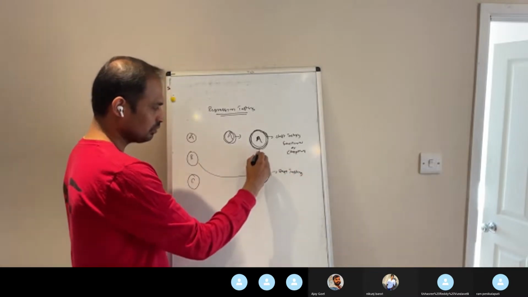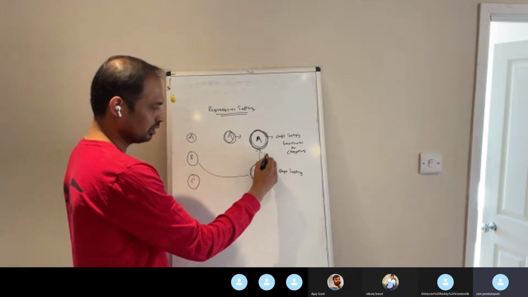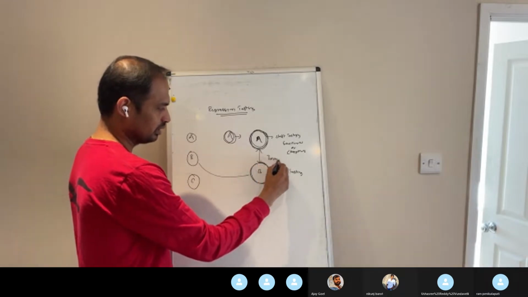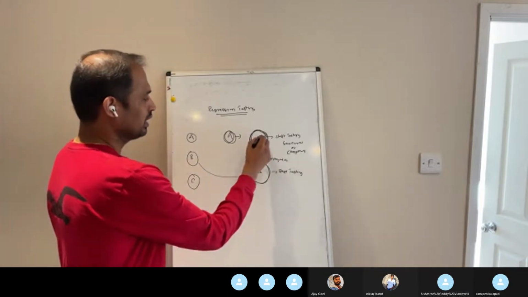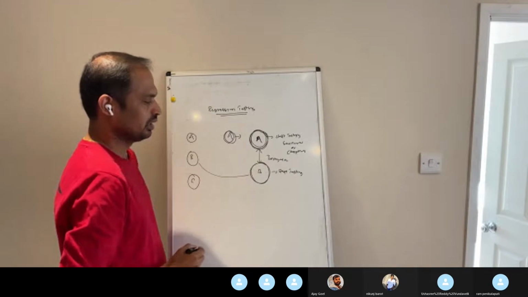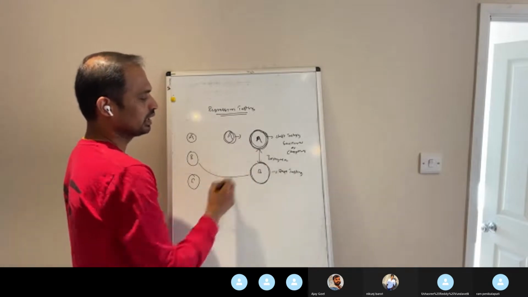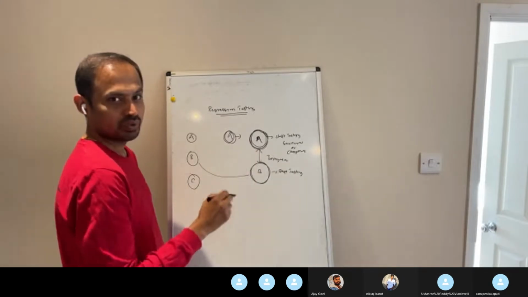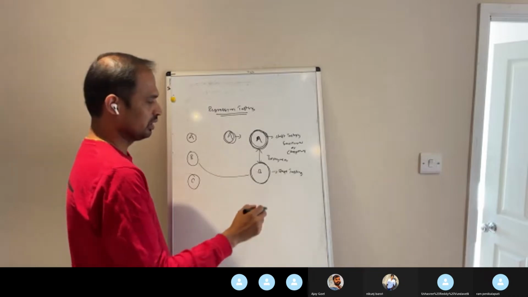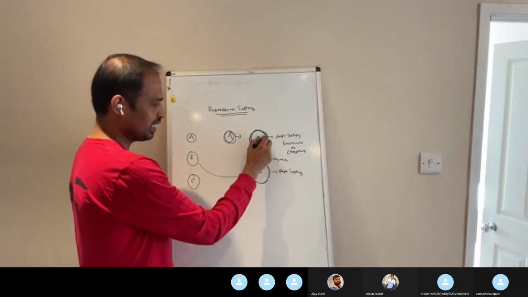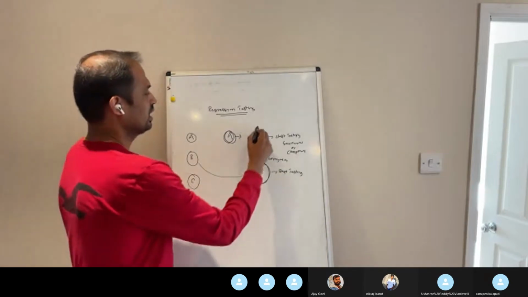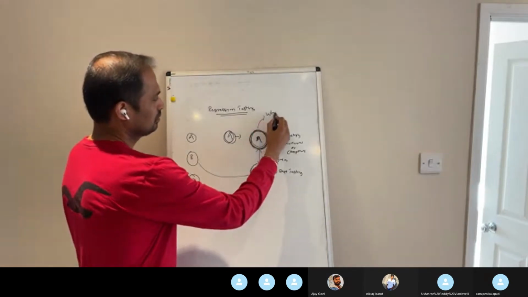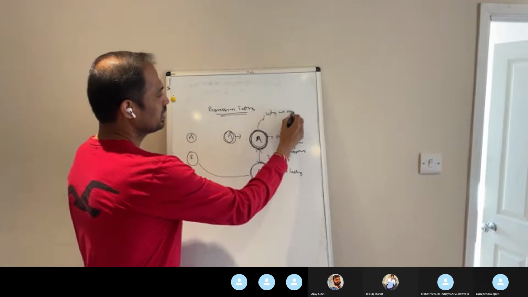Then we do integration testing between A and B, A to B and B to A. Once we complete our integration testing, we need to test A. Why do we need to test A?